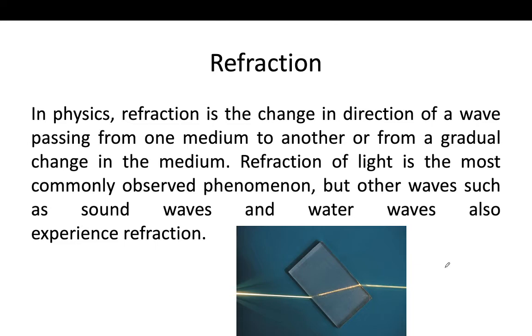Refraction of light is the most commonly observed phenomenon, but other waves such as sound waves and water waves also experience refraction. So actually, refraction is changing the direction, the angle or the path.